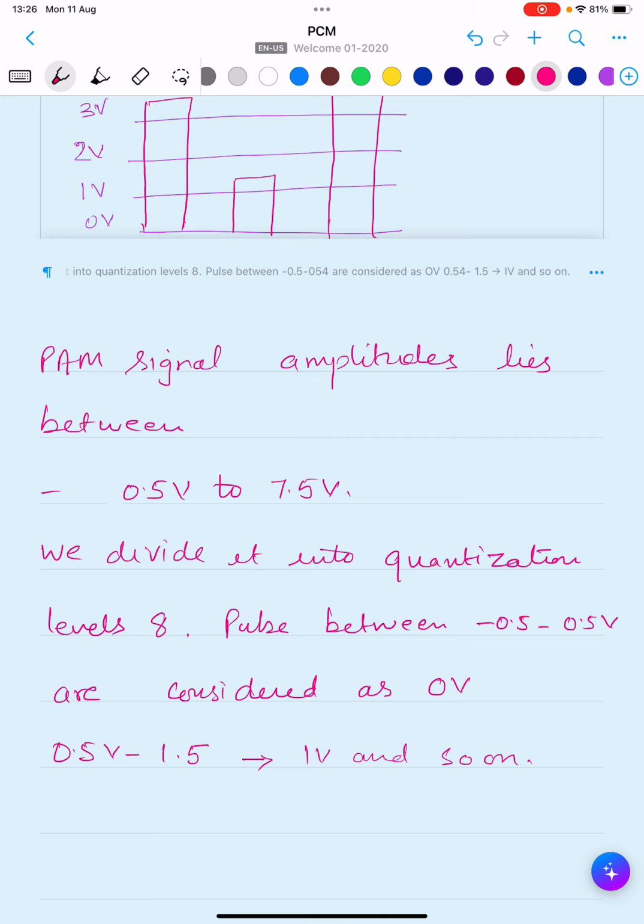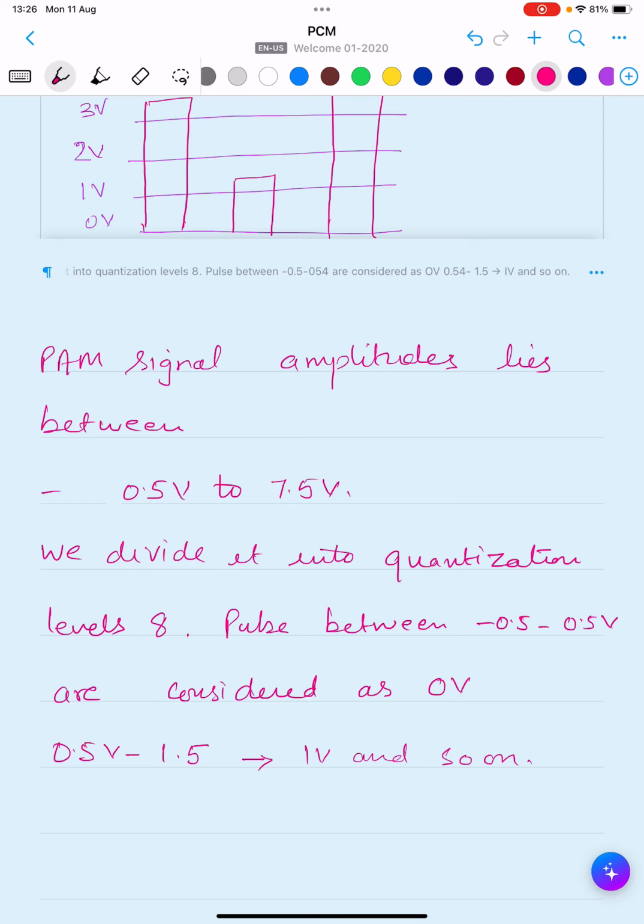While we are doing it, we have assumed, as per probability theory, that pulses having exact values such as 0.5, 1.5, etc. will never occur. Thus any pulse can be approximated to one of the quantization levels, 0 volt, 1 volt, etc.